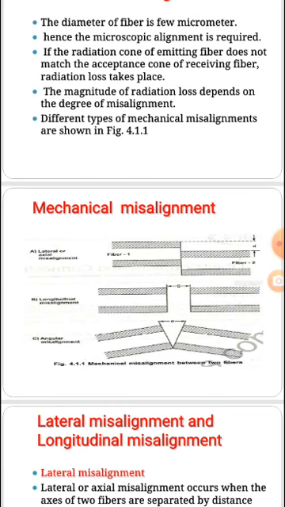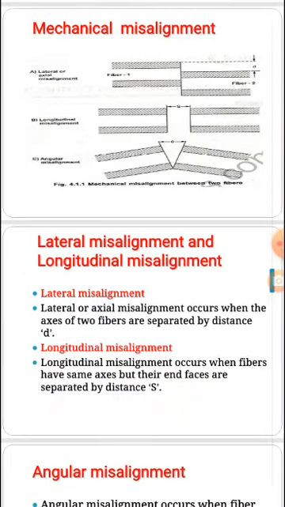Now, some more information about lateral misalignment. Lateral or axial misalignment occurs when the axes of two fibers are separated by a distance d. This I said already. The d must be minimized. Similarly, longitudinal misalignment occurs when fibers have the same axis but their end faces are separated by a distance s, and this may be a manufacturing defect.